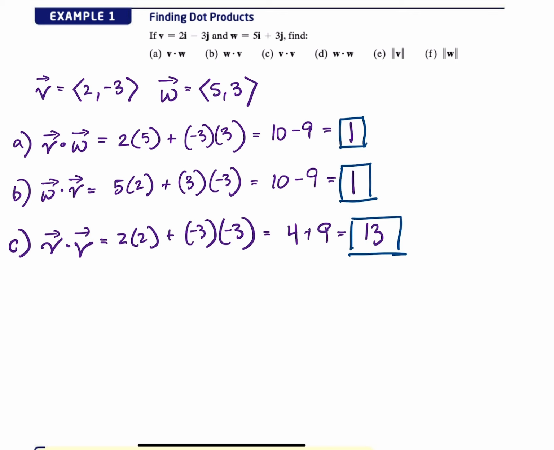So we can dot a vector with itself. D asks us for w dot w. So this would be 5 times 5 plus 3 times 3, or 25 plus 9, which is 34.